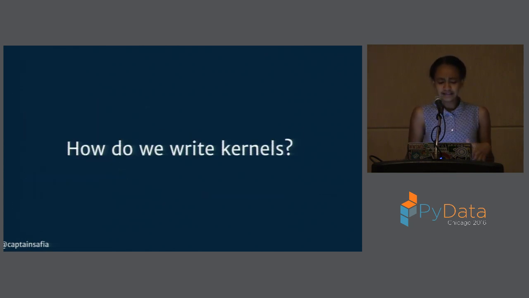So the next thing that's kind of really mysterious is how do you go about writing a kernel? Because remember I mentioned earlier that a kernel is a program, and you write programs using programming languages and all that fancy stuff. So there's two ways to write a kernel for the Jupyter ecosystem.